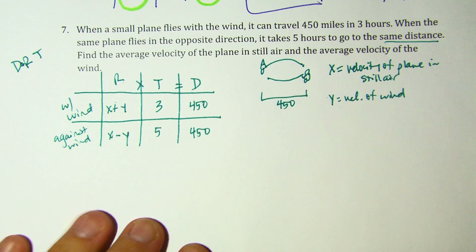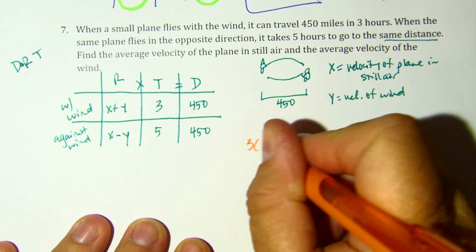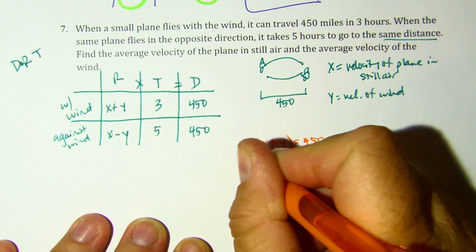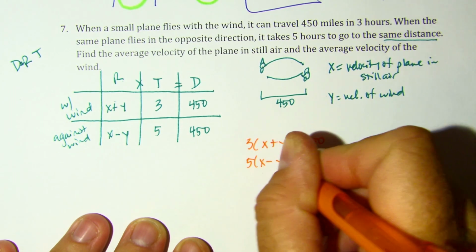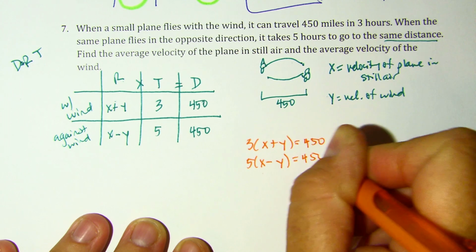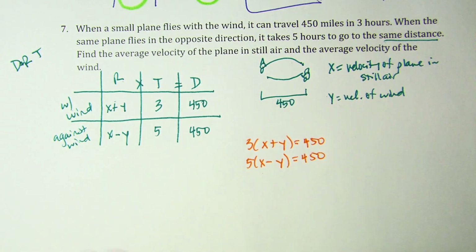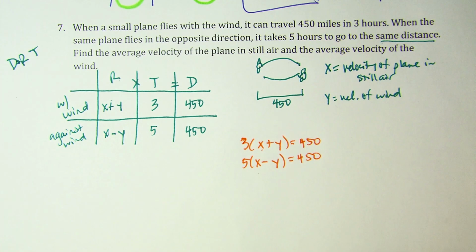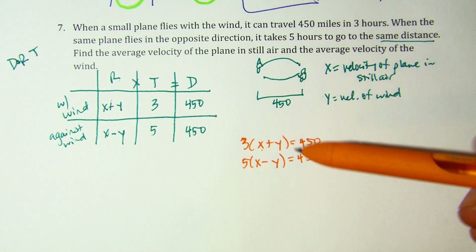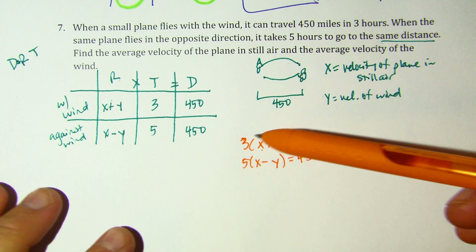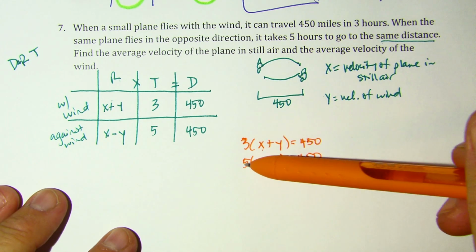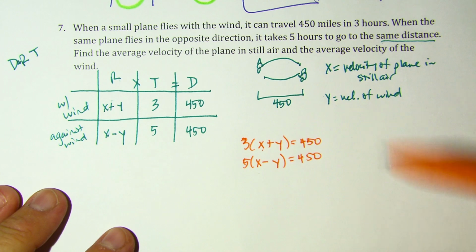So here we have 3 times (x plus y) equals 450. And then 5 times (x minus y) equals 450. Now, a lot of times what I see students do right away is distribute the 3 and the 5. But what we can actually do is make our numbers smaller rather than bigger. Both sides of my equation here can be divided by 3, and both sides of my equation here can be divided by 5.